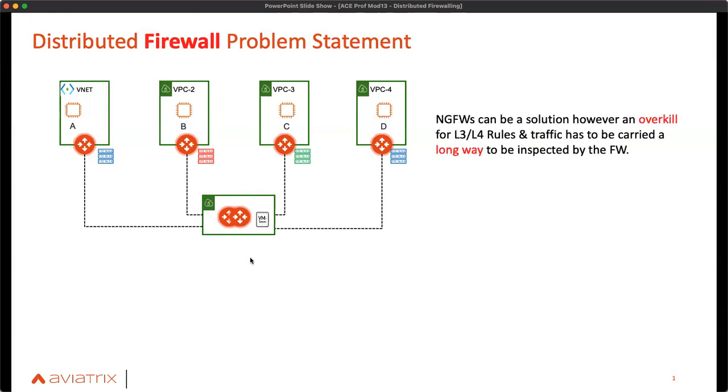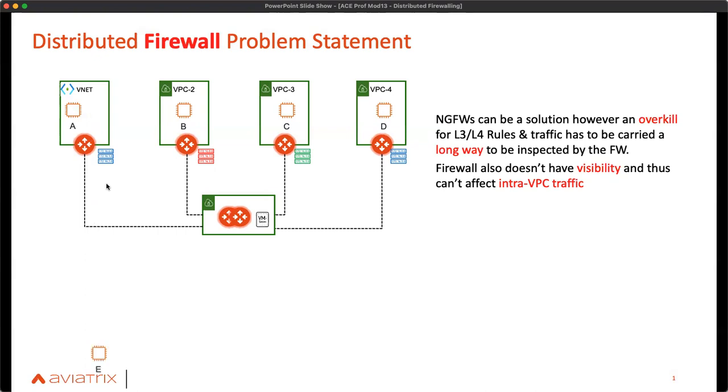Number one, many times the traffic can be blocked at layer 3 and layer 4, and the fact that I need to carry the traffic into the transit to take it to the firewall to be dropped might be a bit expensive.